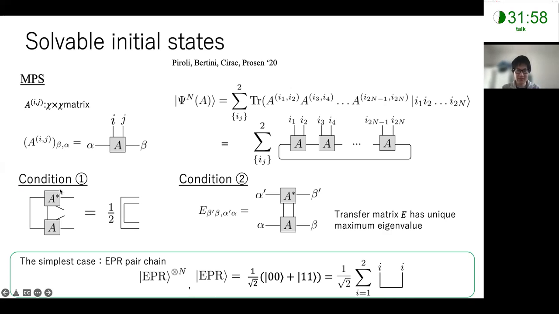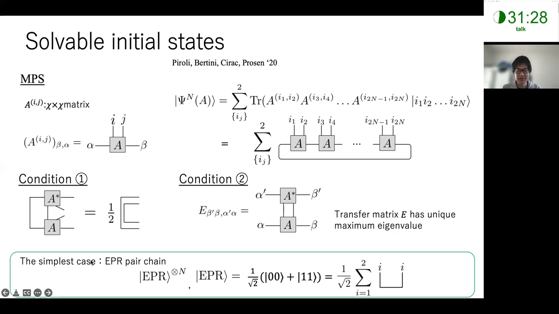So this is very similar to the condition of dual unitary gate. And the second condition is so-called injectivity of matrix product state, which means that transfer matrix E has unique maximum eigenvalue. So we call an MPS a solvable initial state if it satisfies the two conditions.